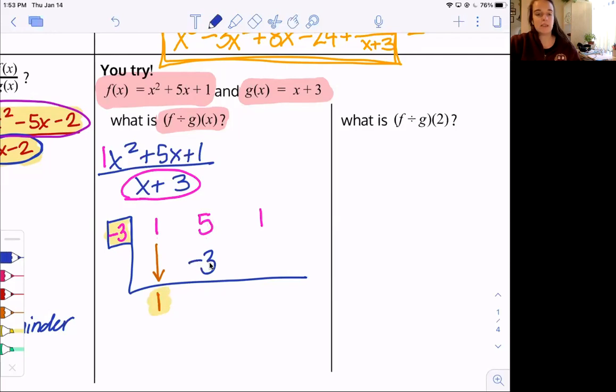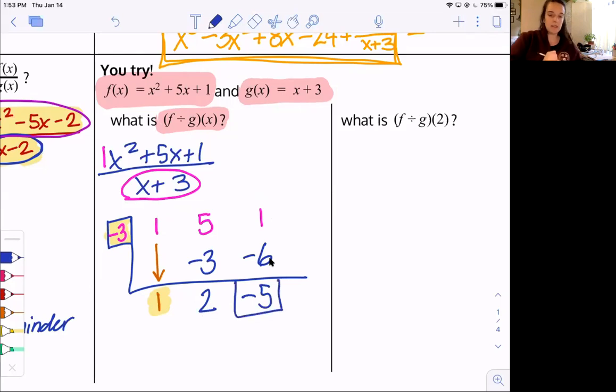So 5 minus 3, that'd be 2. 2 here. Cool. We're going to do 2 times -3 gives me -6. And then since it's negative, we're subtracting: 1 minus 6 would be -5. Got to the end of my line.